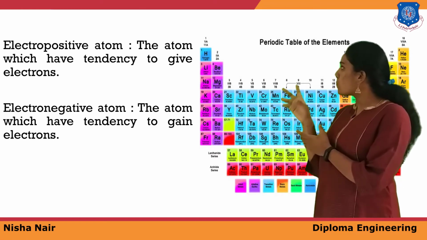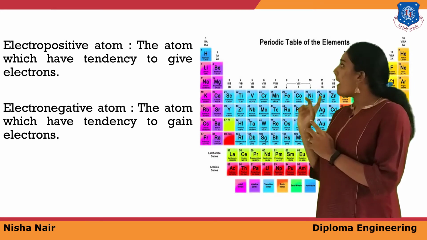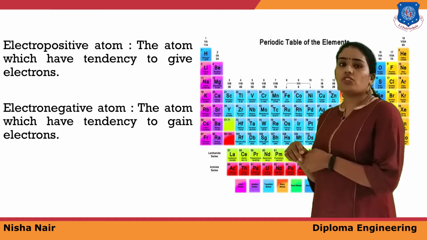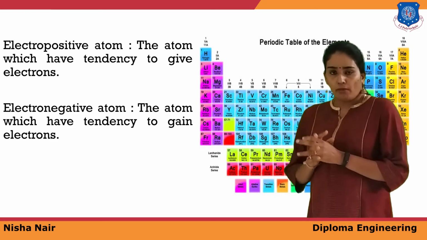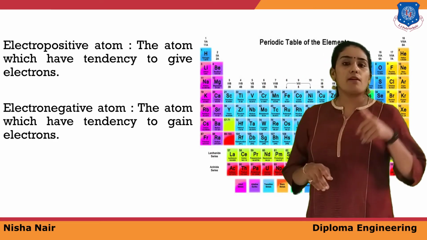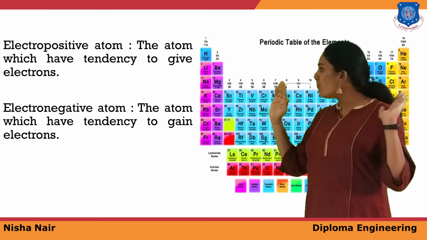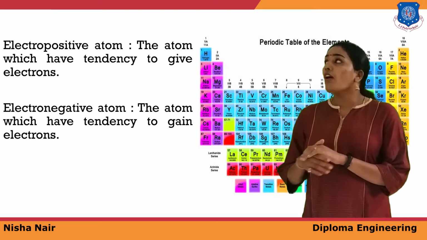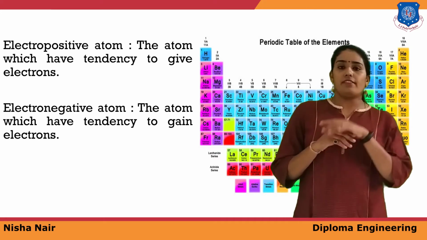First let me show the position of sodium and chlorine in the periodic table. As we take the periodic table, here you can see sodium in this position and chlorine in this position. Both are on two extreme ends of the periodic table. Now the number of electrons in sodium is 11 and the number of electrons in chlorine is 17. Both show different properties. One is electropositive and another is electronegative.